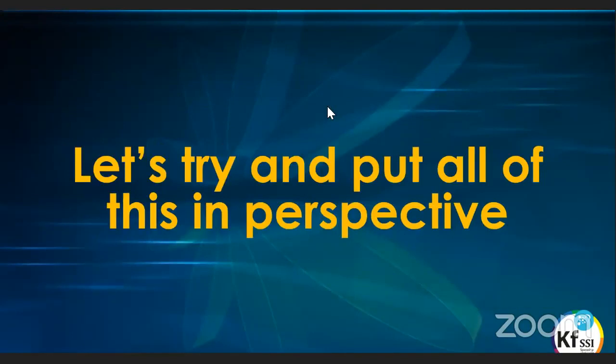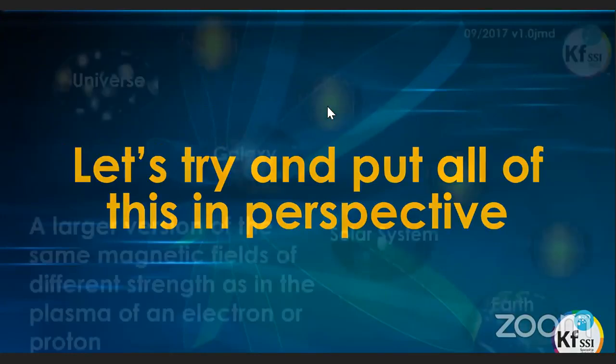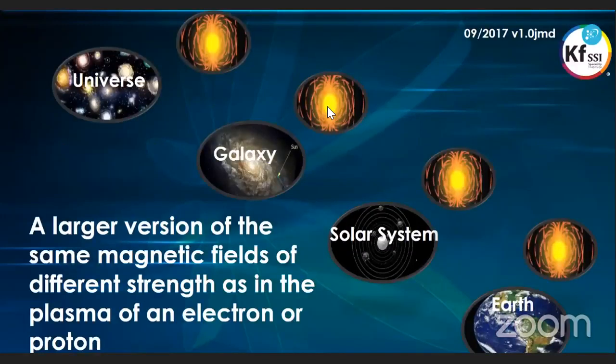So let's try and put all of this into perspective, from a different point of view that we can maybe understand a bit better. Here, as we've said, we've got the Earth, our solar system, galaxy, and universe, all as plasmas. So it's just a larger version of the same magnetic fields of different strength as in the plasma of an electron or proton.